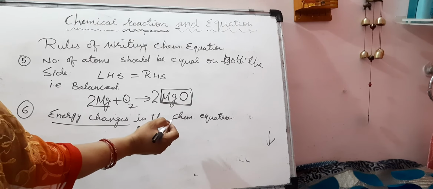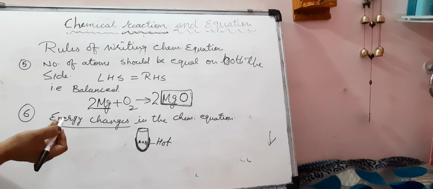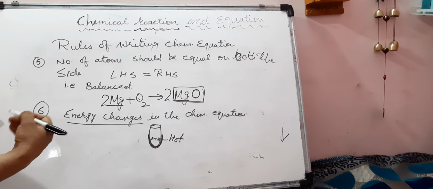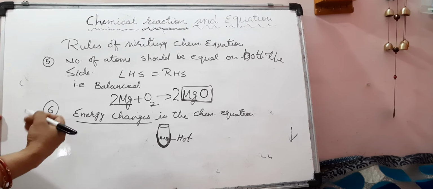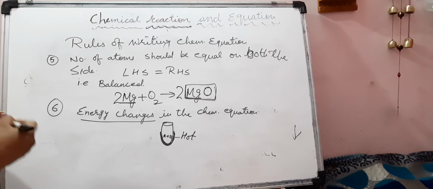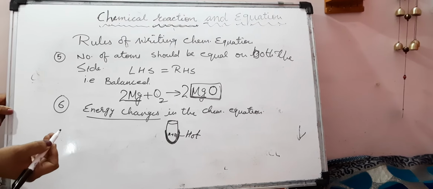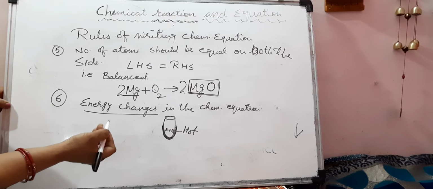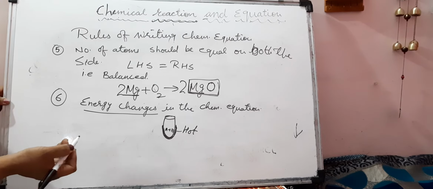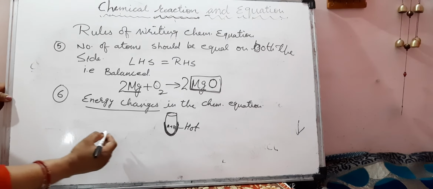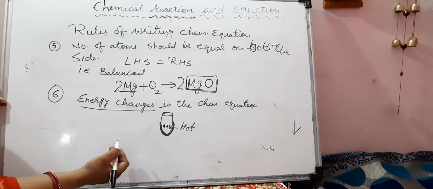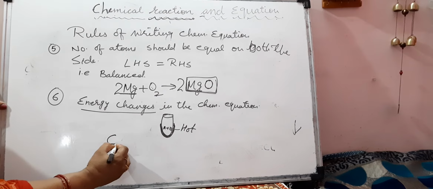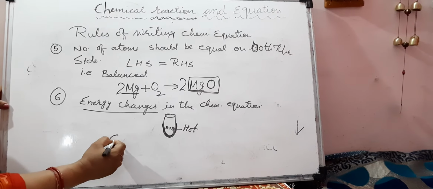Like you know that all combustion reactions, which are burning processes, are exothermic. Whenever combustion is taking place, heat evolves out. So in that case, we have to mention that energy is evolving out. But how? Here paper is burnt. Paper meaning carbon, because paper contains carbon in it.